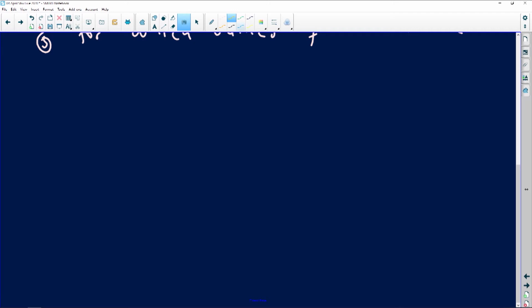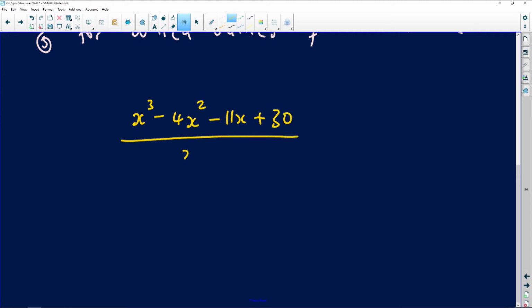So I'm going to divide this function, which is given to us as x cubed minus 4x squared minus 11x plus 30, by the first factor we found, which was x minus 2. How does this concept of monkeys eat apples plus bananas work?